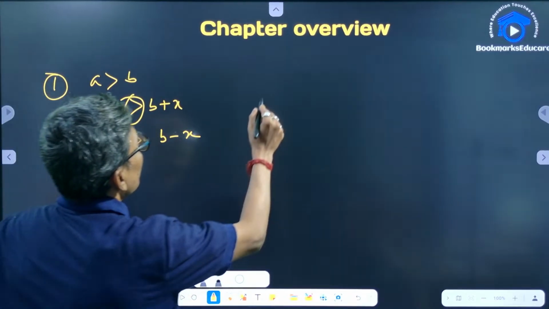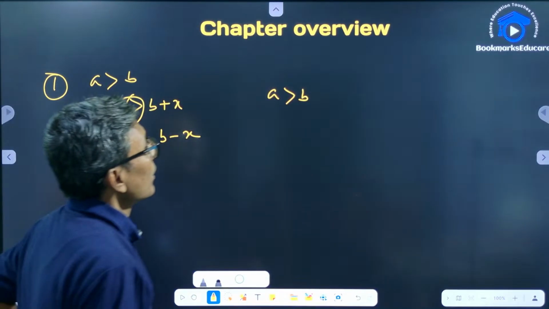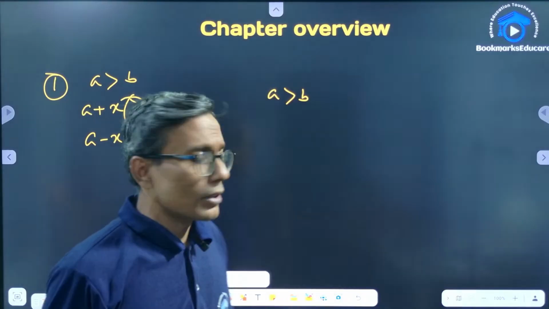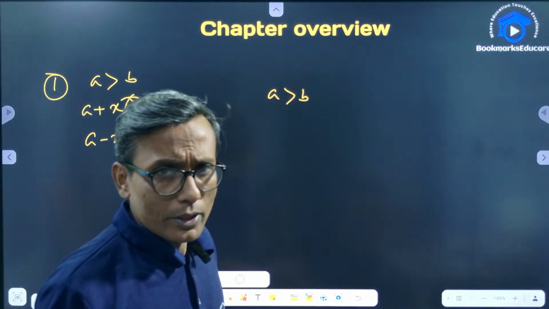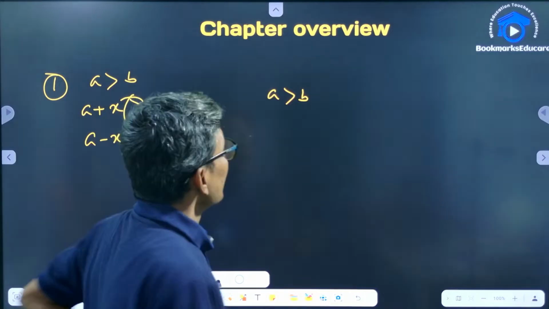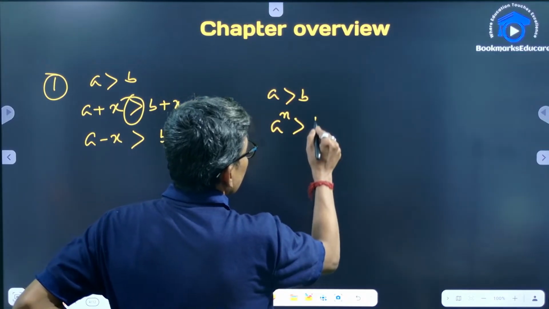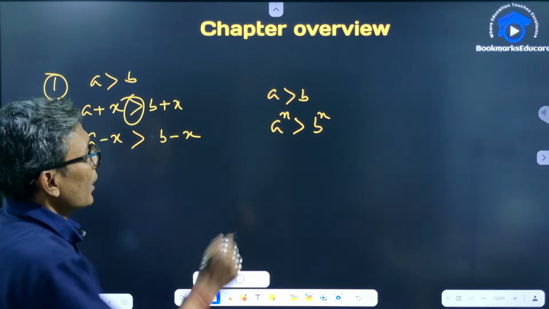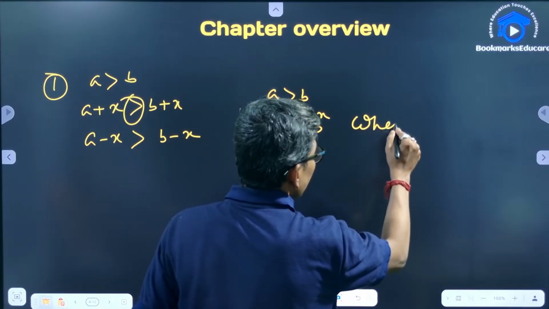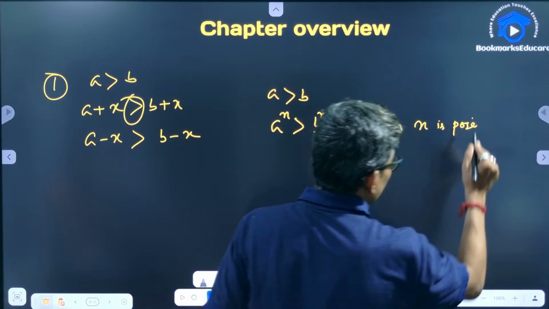Second, if a greater than b, if we square on both sides or cube on both sides, so if we take any same power on both sides, in inequality it will be: if a greater than b, then a to the power n greater than b to the power n, when n is positive.